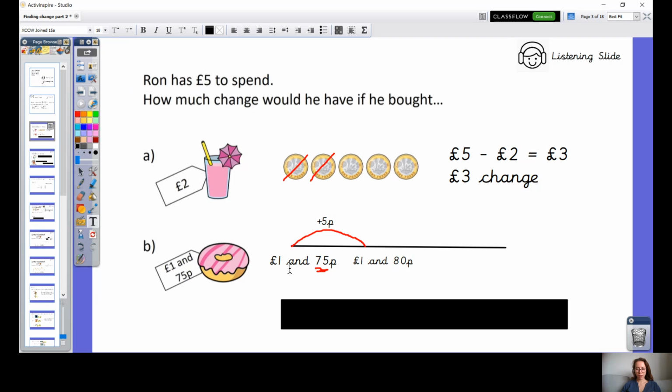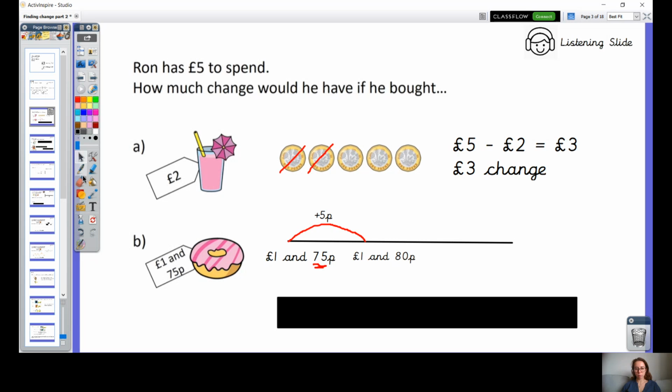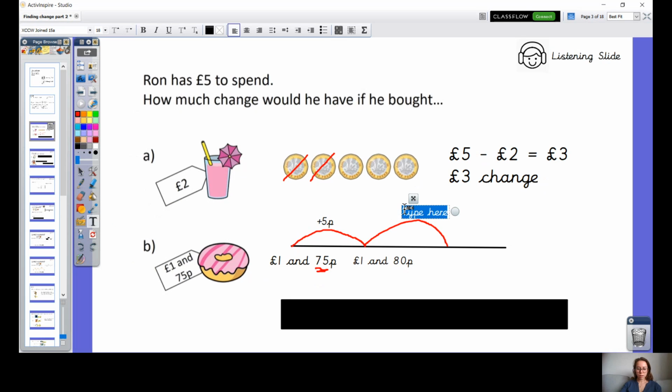I'm not worrying about my pounds for the minute, I'm just getting this pence up to 100 to make another £1. Now I only got 80, let's do another jump because I know that adding on another 20p is going to get me up to that £1. I've already got £1 here, so what's £1 add £1? £2.